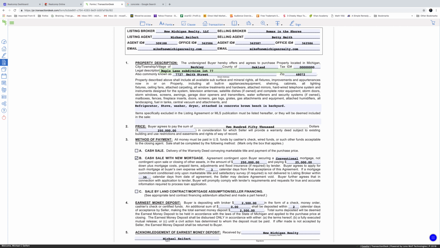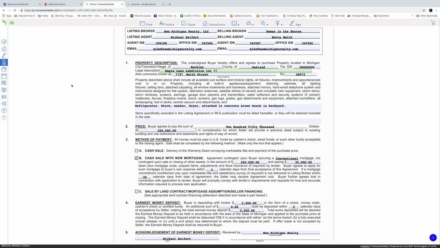However, some legal descriptions are very long, and you don't necessarily need the entire legal description. North 22 feet of lot 88, east 22 feet. Basically, if you can get the subdivision with the lot number, that's pretty much going to be okay, unless it's an odd type of legal description.